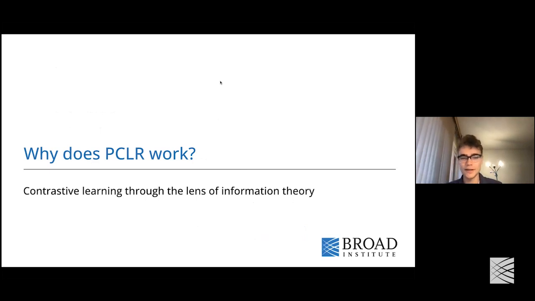So we saw that using this patient pairing type of contrastive learning objective led to pretty good results. But why? It's a little surprising, actually. So we're going to look, through some recent theory developments in the deep learning community, at contrastive learning through the lens of information theory.